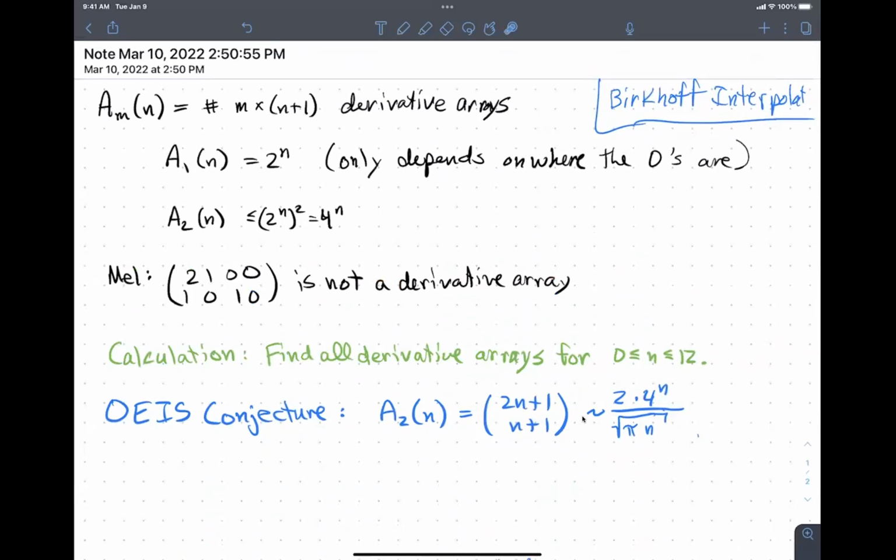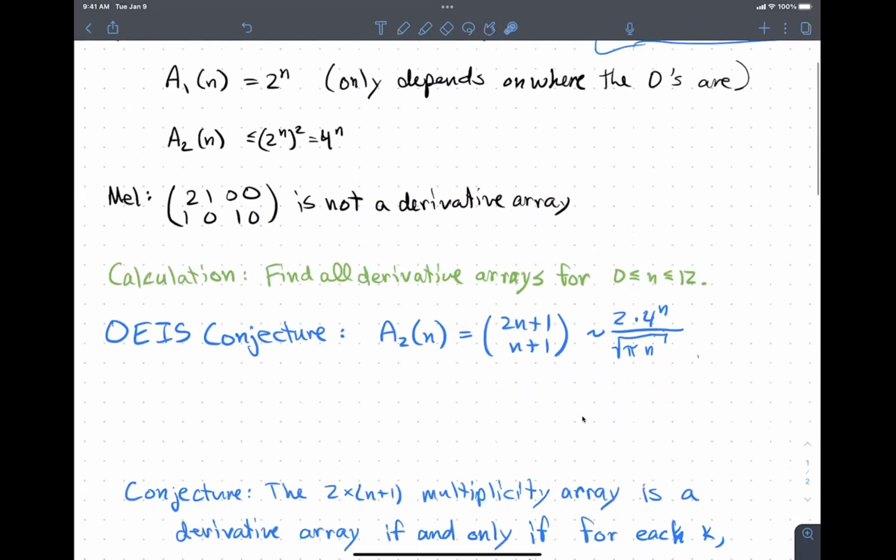No. The derivative arrays come from a polynomial by definition, right? You're allowing any lambda. You're letting lambda change, for instance. Yeah, well, I'm only talking about 2 rows, so lambda doesn't matter. Right? Okay. But in general, you might, yeah. Well, in general, I don't know what the right thing to count is. Maybe we need to introduce lambda, but I don't get past 2 rows anyway.